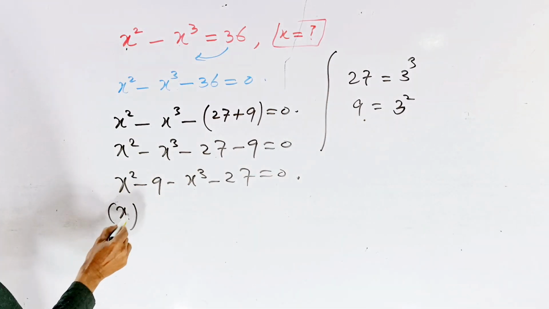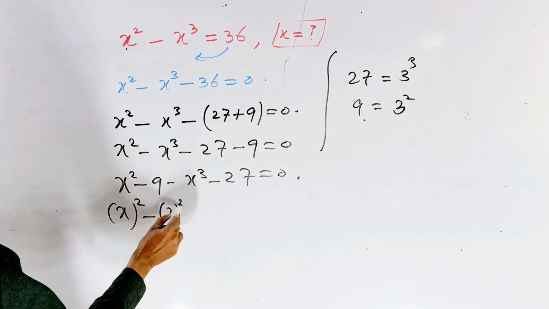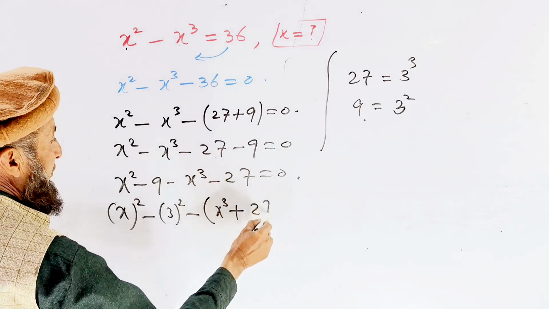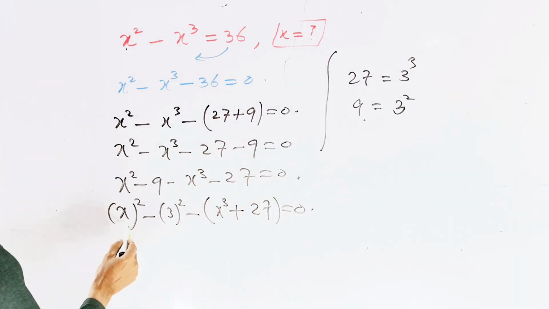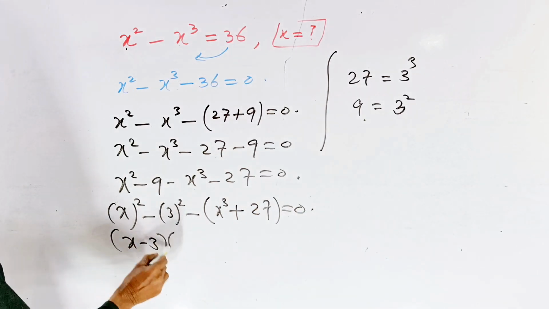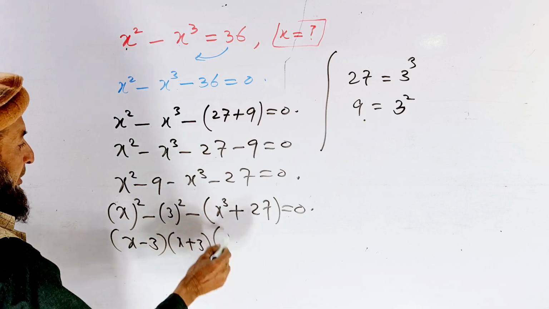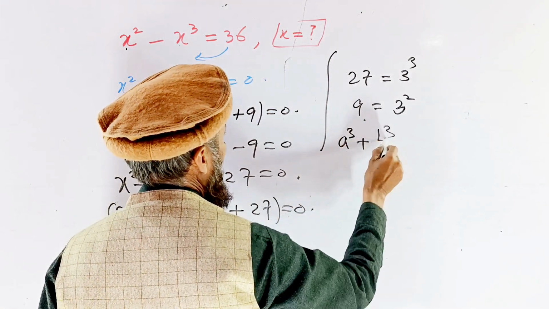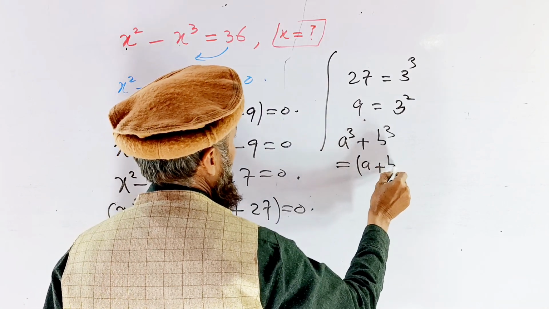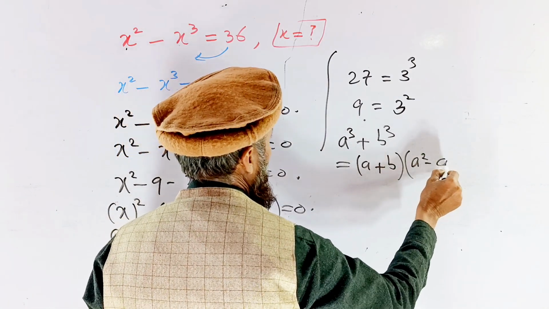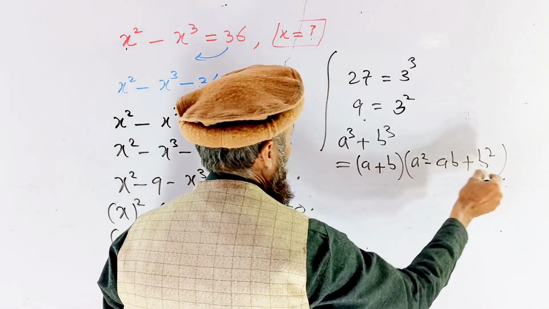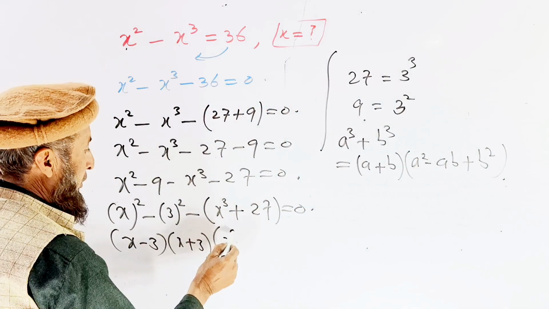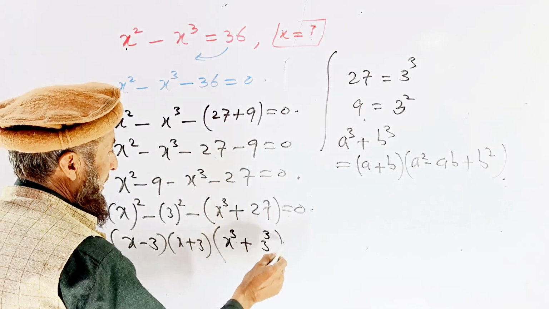Here we are using the formula a square minus b square, and here we first arrange by taking common minus, of 27, is equal to 0. So here x minus 3 into x plus 3, and here we are using the a cube plus b cube formula, that is equal to a plus b into a square minus ab plus b square. According to this formula we open this term.